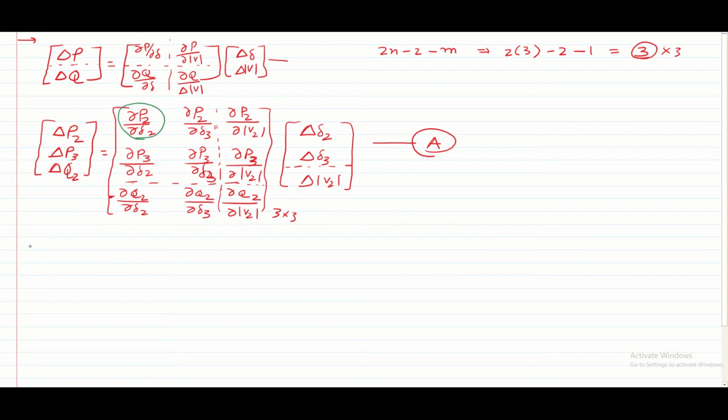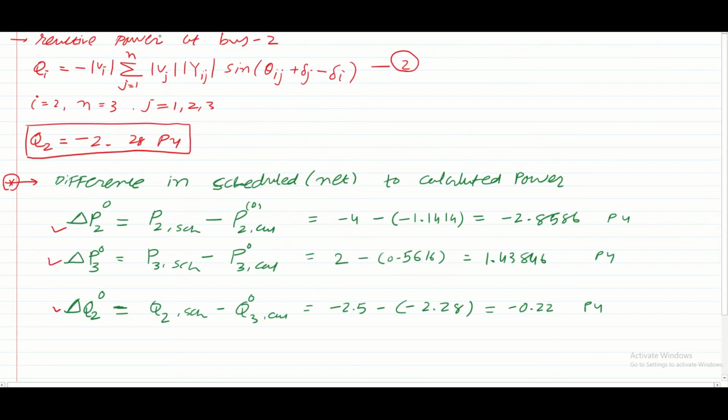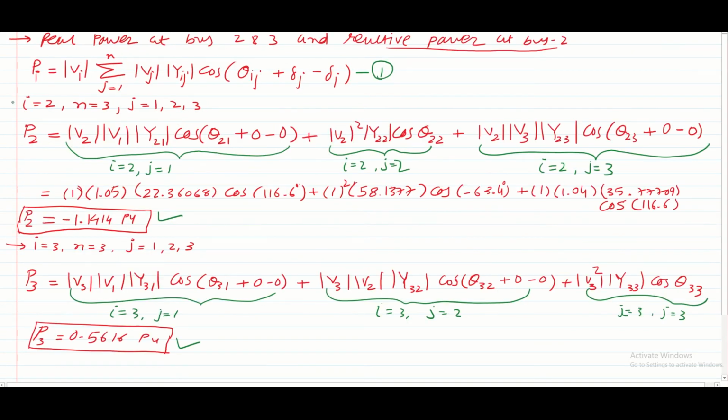Okay. So here it is del P2 by del delta 2. We have already derived the equation for P2 over here. Yes, here it is. Just take a first order differentiation of this equation.